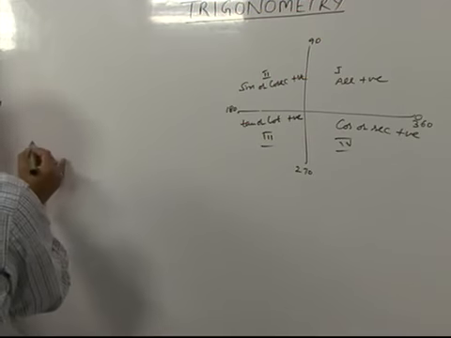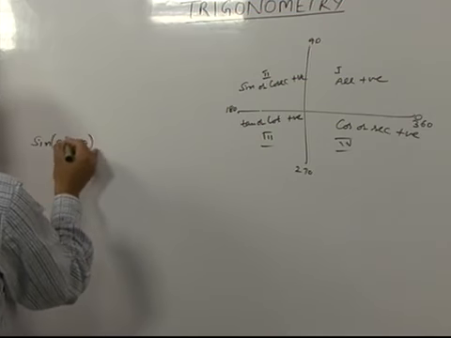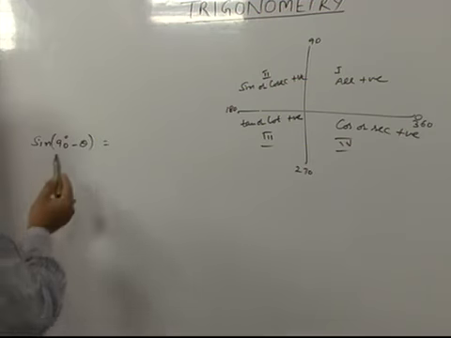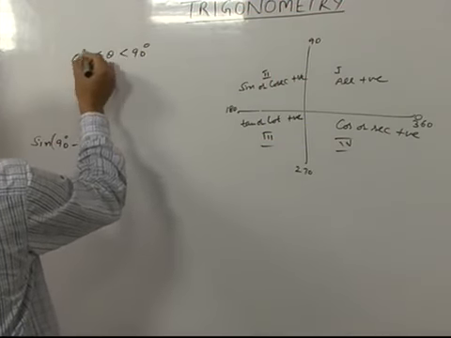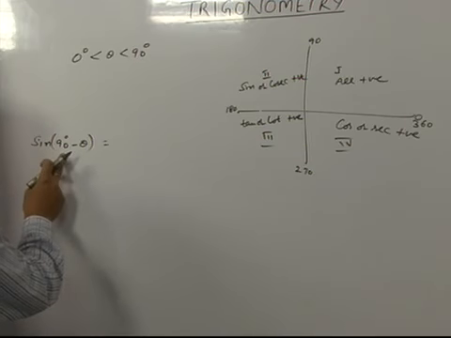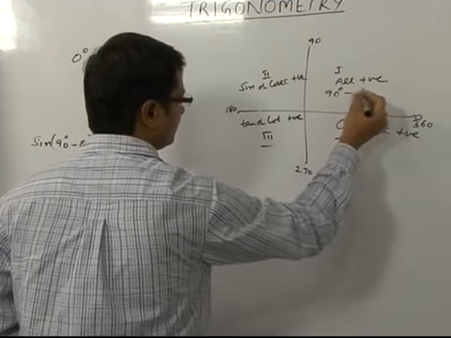So if we have sine 90 degree minus theta, there are three steps. First, locate the quadrant in which the angle lies. Theta lies between 0 degree to 90 degree, so 90 minus theta will lie in the first quadrant.